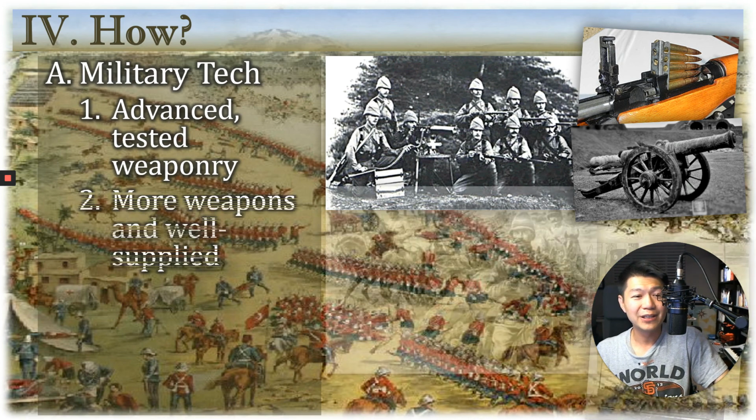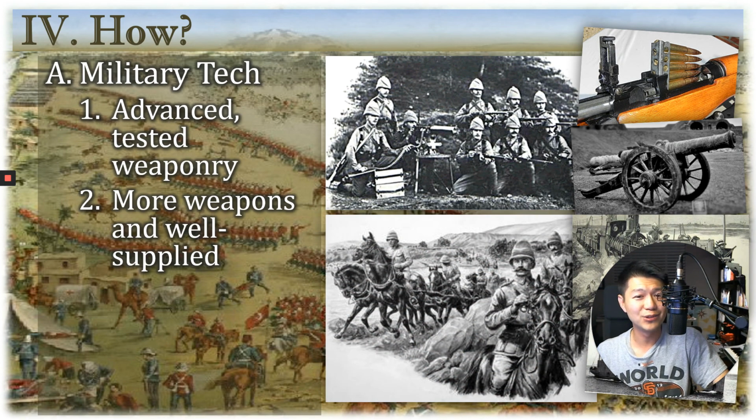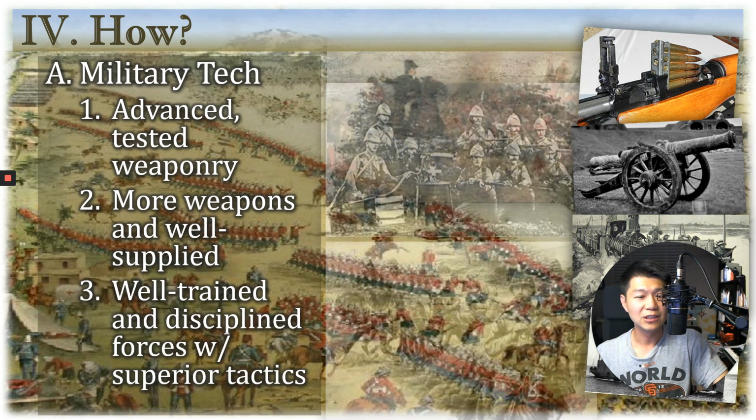They also have more weapons. They're better supplied. The Industrial Revolution means that they can continue to supply their troops no matter how far away they are, with an ample amount of material, shipping them across the seas, and when they've created their railroads, be able to further move inland as quick as they possibly can. Not only that, but there is a sense of discipline, right?